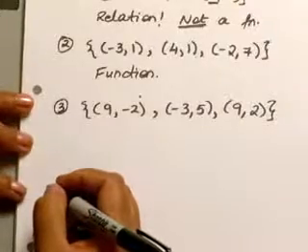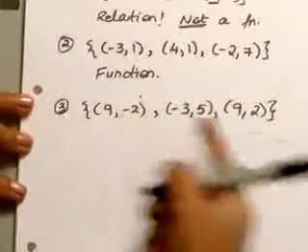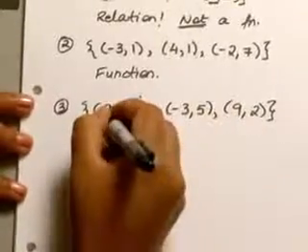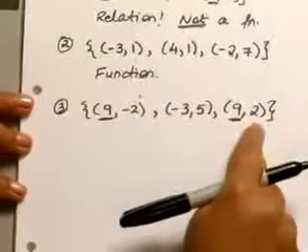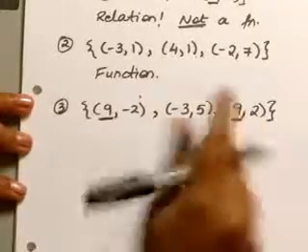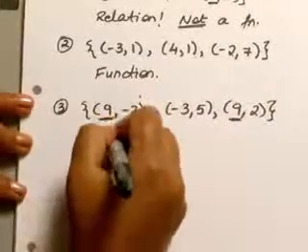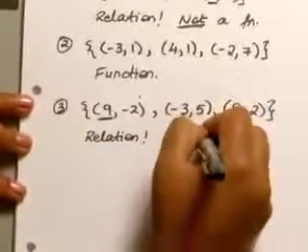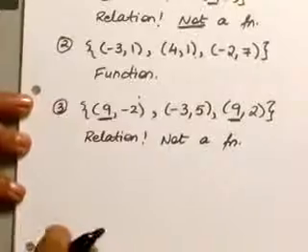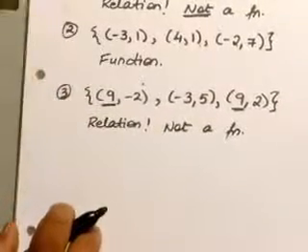If you look at the ordered pair 9, -2 and 9, +2, you will see again for the same value of x you have two different values for y, and therefore this is not a function. You can classify that as only a relation.